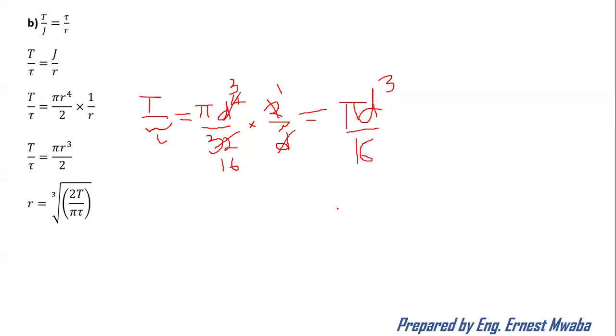So then, what am I having now? Here I can now say that my T over shear stress is equal to pi D cubed over 16.